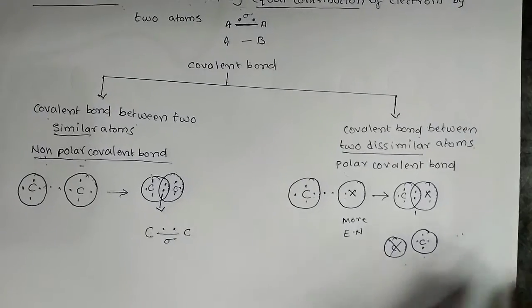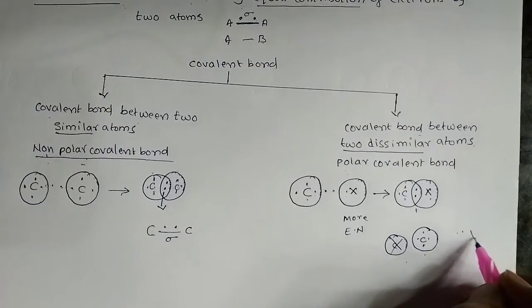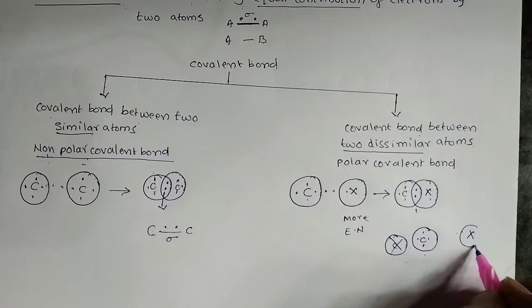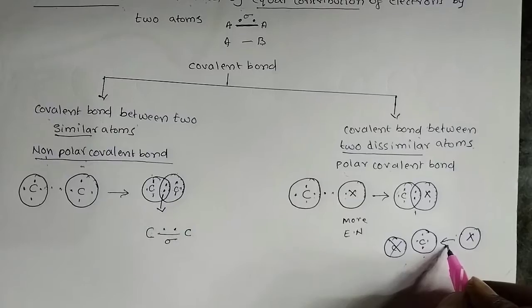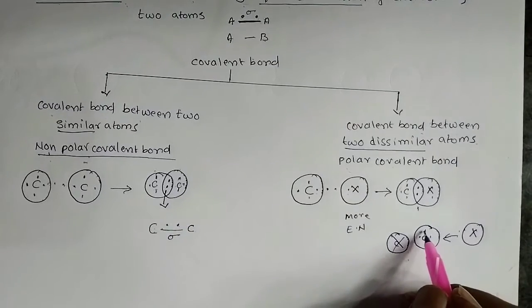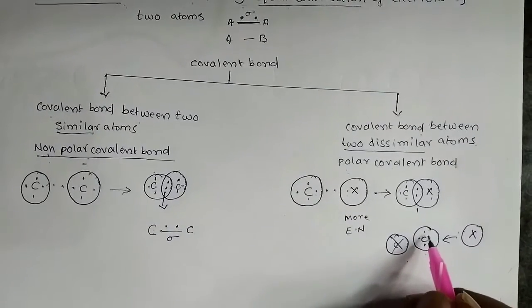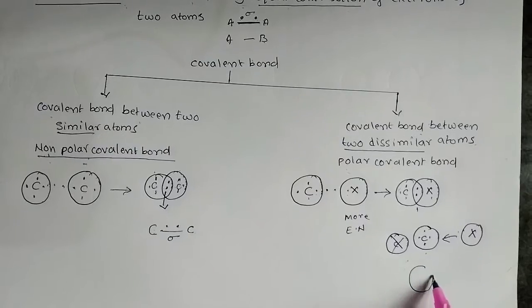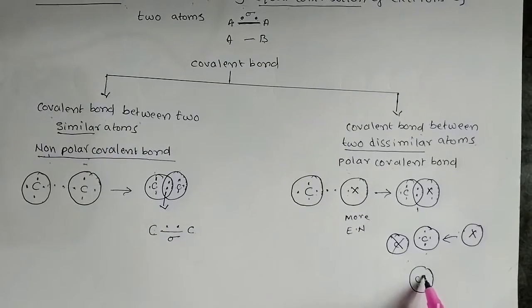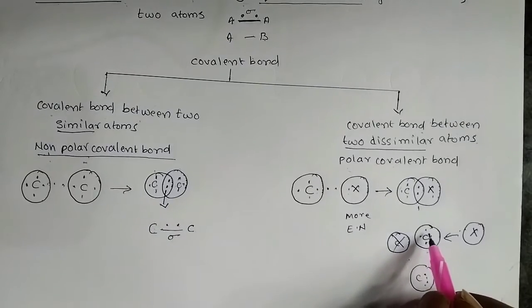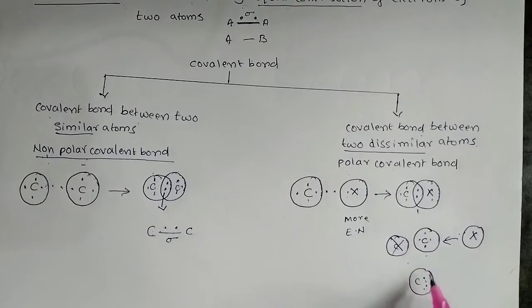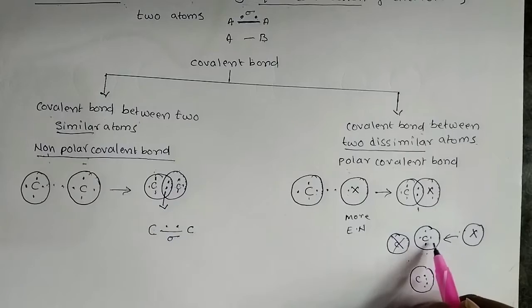Once the attacking reagent, meaning the electronegative element, comes nearer to this atom, all these electrons change their places and come to one end like this. In which direction are they changing their positions?